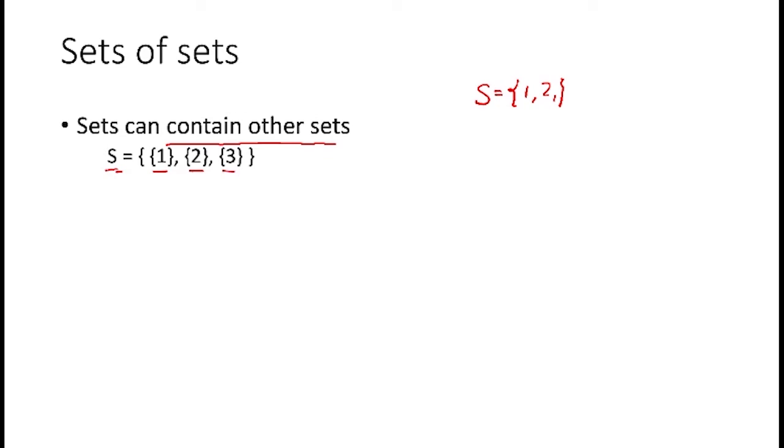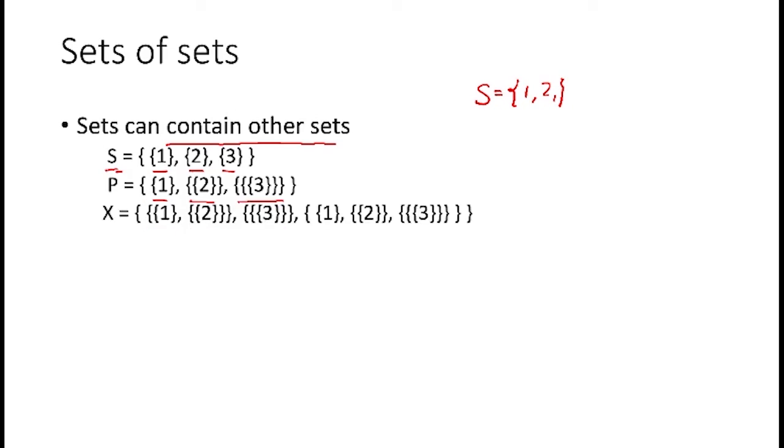Maybe these sets will be like 1, 2, 3, with curly brackets. Then in set S, we can see one element is this one, the second is this one, and the third element is this one. So three elements are there, and more likely we can write sets inside sets.